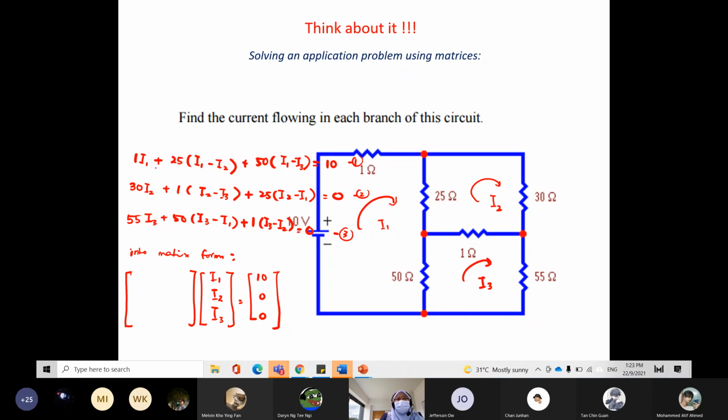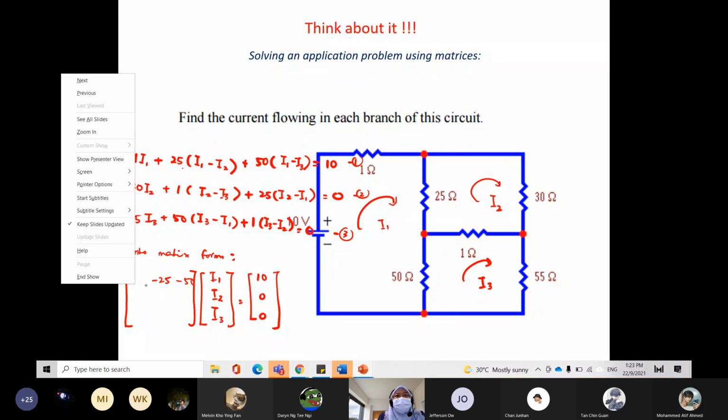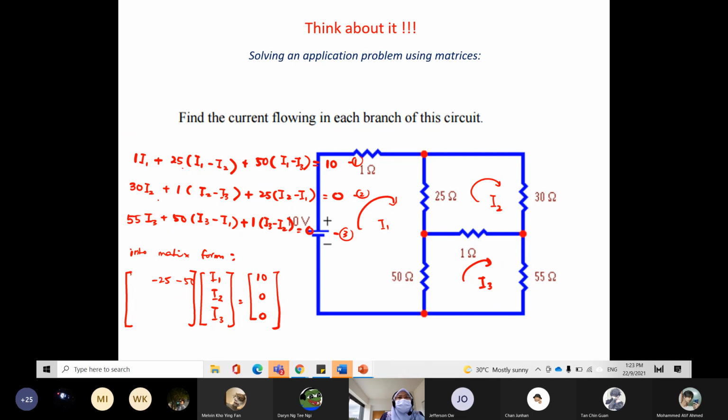Okay, so for I1 you have 1 plus 25, so you have 26. I2 is negative 25. Sorry, I3 you have minus 50. So 26 plus 50, 76. Okay, something like that. Okay, so this one negative 25.